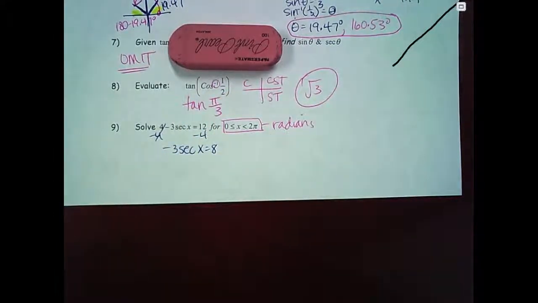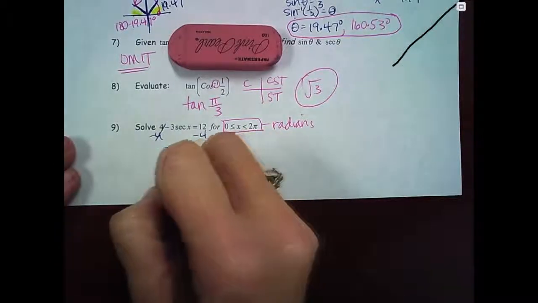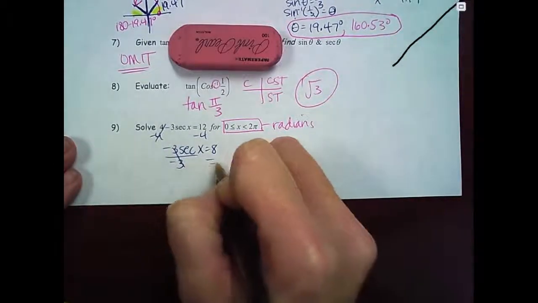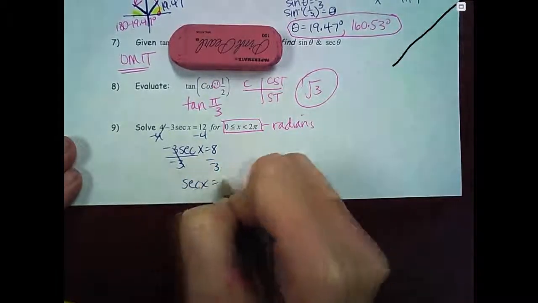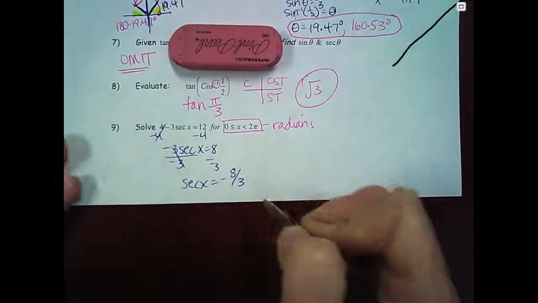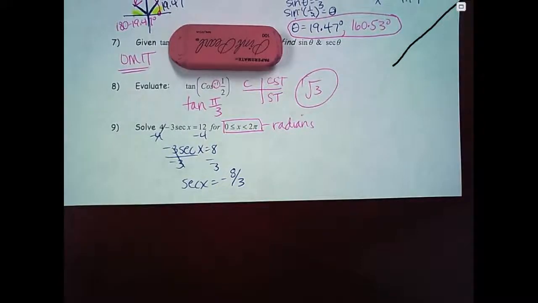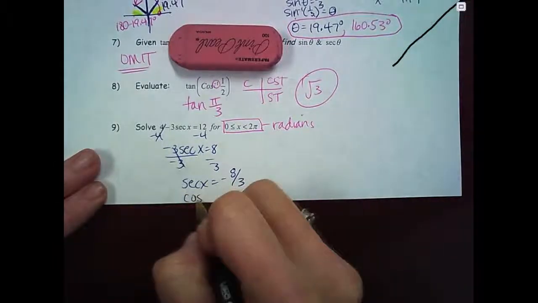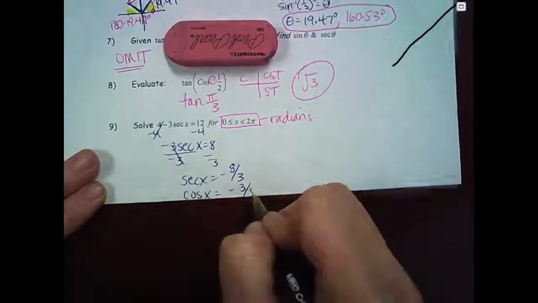And then we divide by what? What are we going to divide by? -3. So secant of x equals -8/3. Where you put the negative doesn't matter. In front of the 8, in front of the 3. But is secant in my calculator? No, so we're going to flip secant to cosine. Right, cosine of x now equals -3/8.